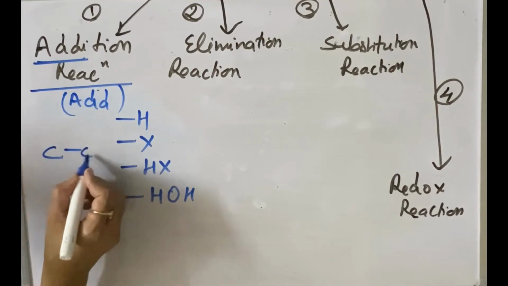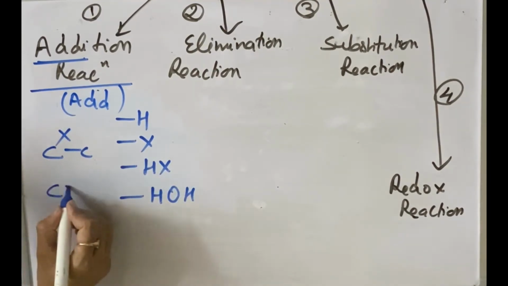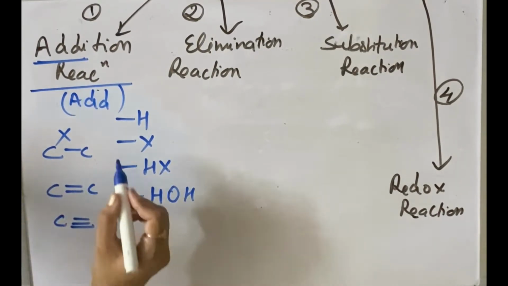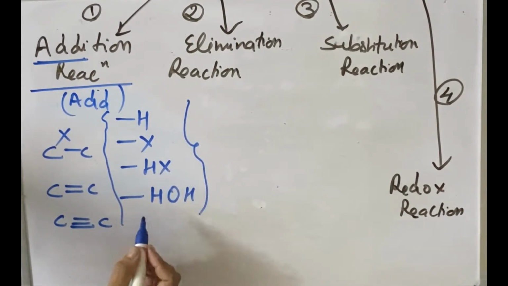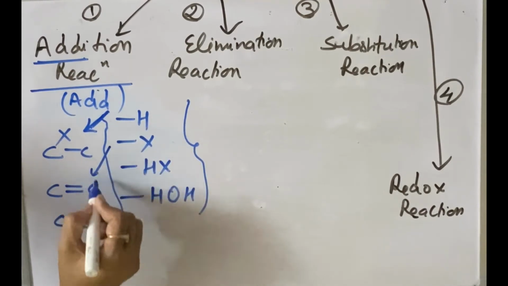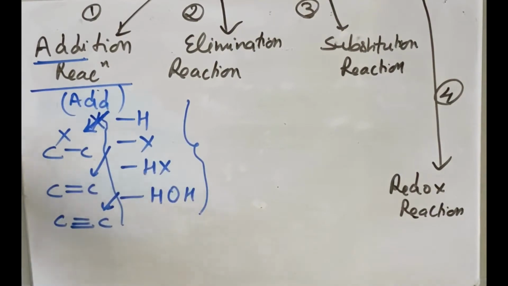A carbon-carbon single bond is very difficult to break, so the chances are to break a carbon-carbon double bond or a carbon-carbon triple bond. So these reactants are going to attack on either carbon-carbon double bond or carbon-carbon triple bond.